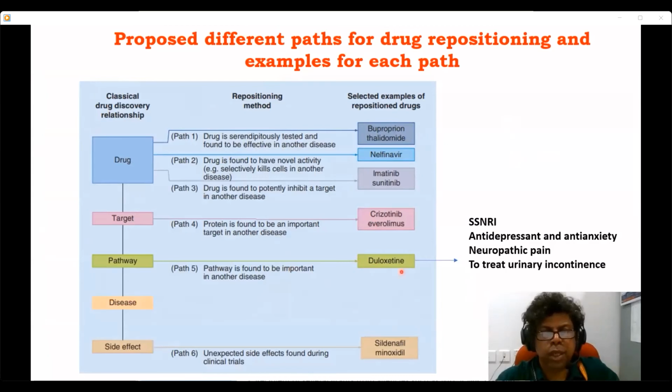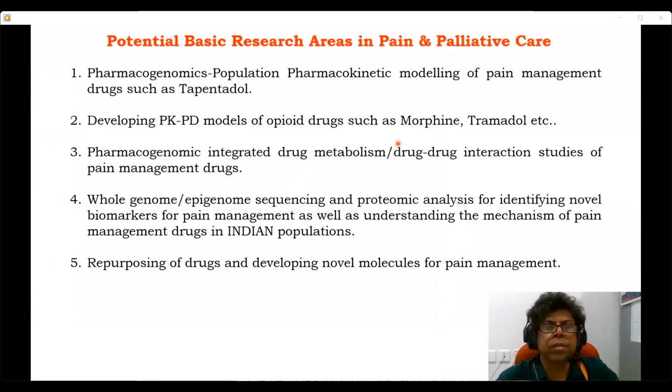I'm going to focus on one drug here, duloxetine. This is basically used as an antidepressant, a selective serotonin reuptake inhibitor, and for anxiety, but it is also used in neuropathic pain and to treat urinary incontinence. That is the repurposing of this particular drug.